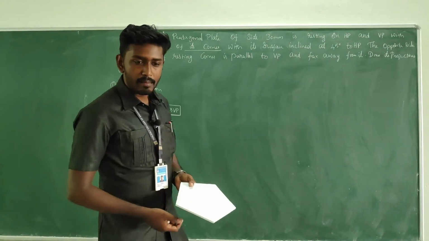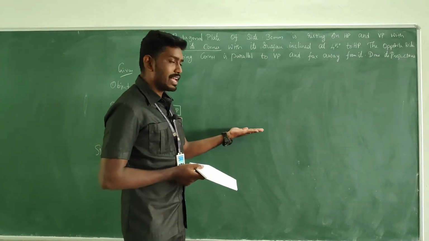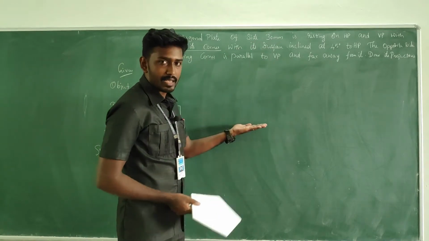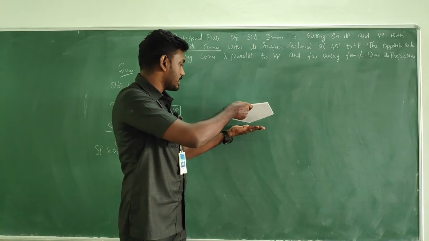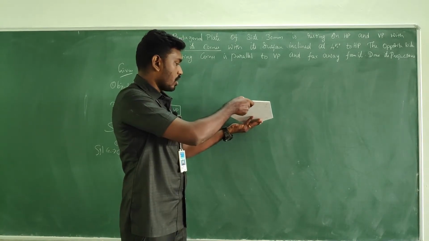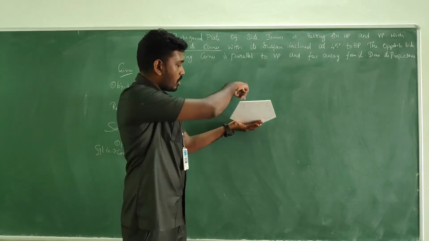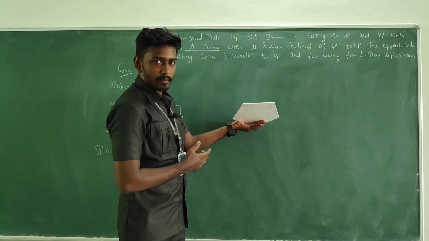How can it be placed? If I take this hand as the horizontal plane and the board as the vertical plane, and place the object something like this on the XY line, on this corner, the condition will be satisfied.